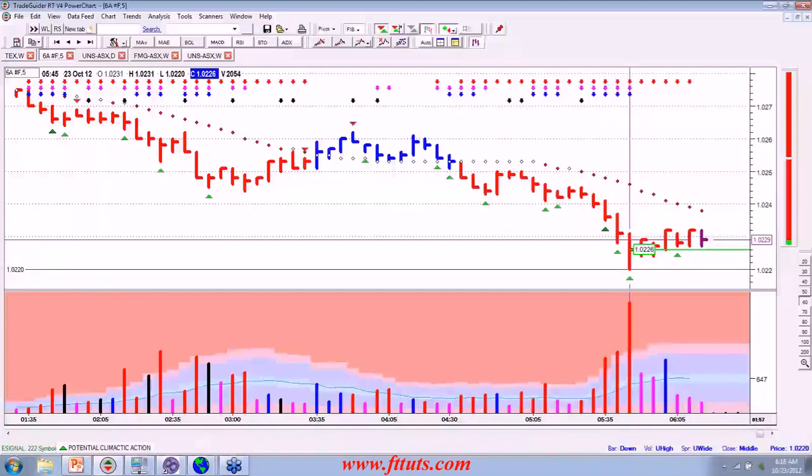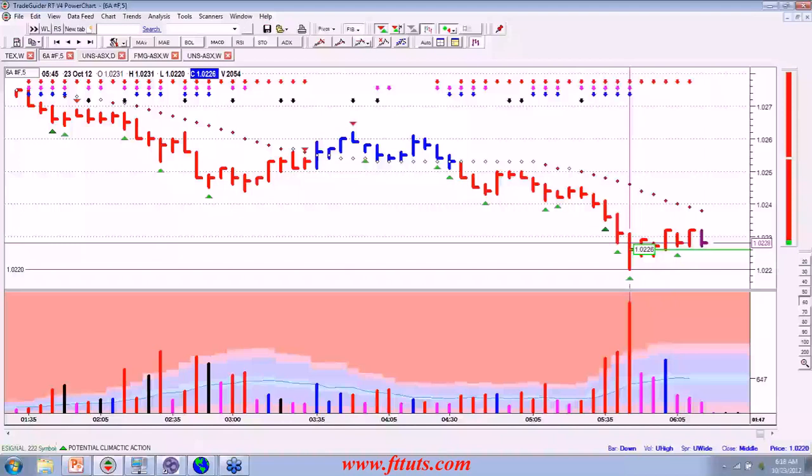The market does that because don't forget, you have to have more losers than winners for these markets to work. And the only way that can happen is the market moves up and down and does exactly what you don't expect it to do or want it to do. But that's how it works, I'm afraid.